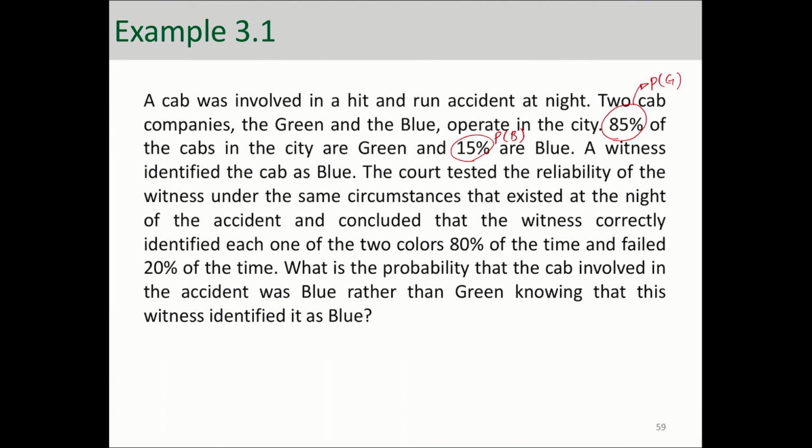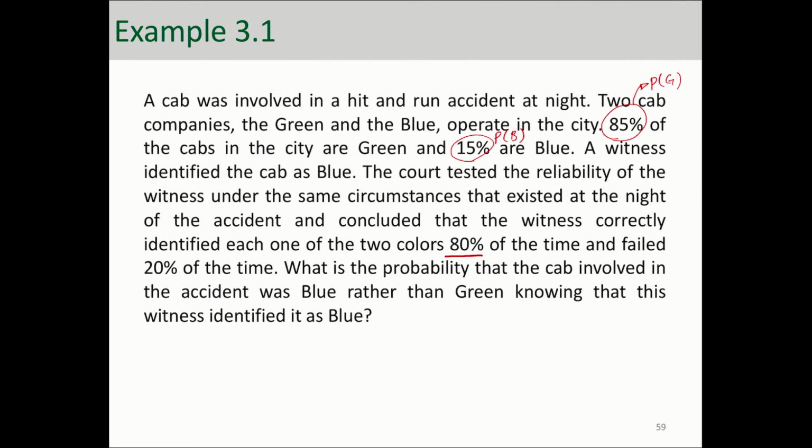Well, when he identifies a color as blue, when the cab was actually blue, that's a correct identification. There's another scenario of correct identification, and that is identifying the cab as green when it was actually green. So these two scenarios, their probability is 80%.